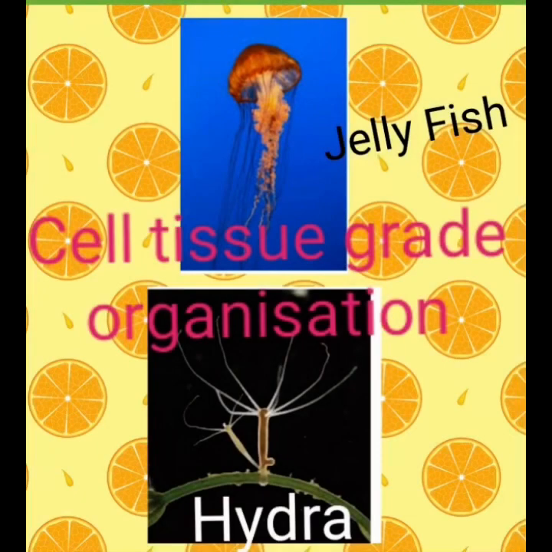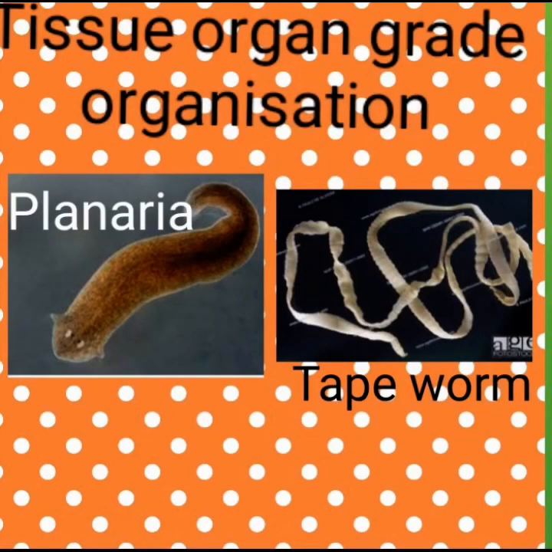Cell tissue grade organization. In some animals, many cells form tissues. These tissues perform body functions. Example, jellyfish, hydra. Tissue organ grade organization.